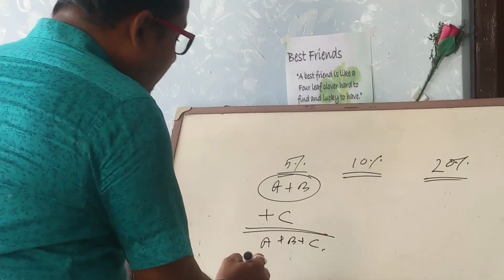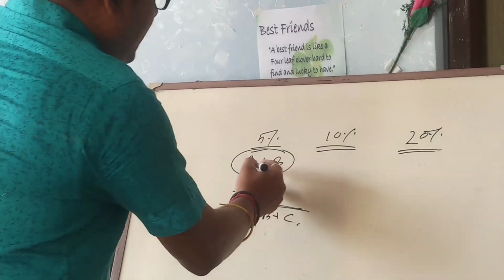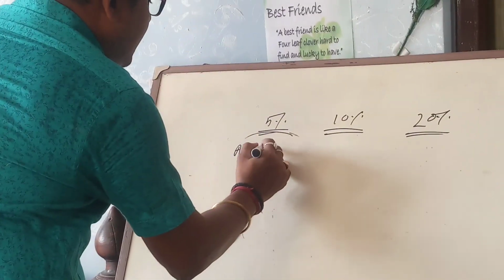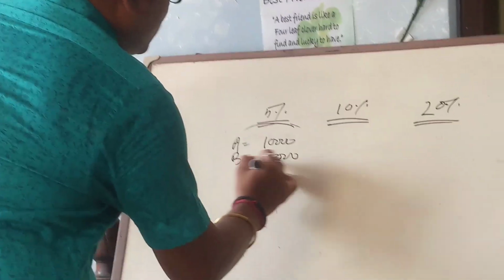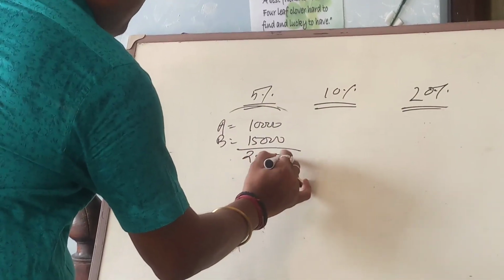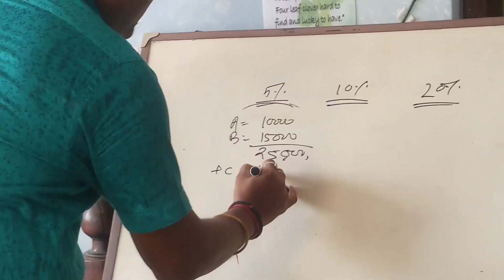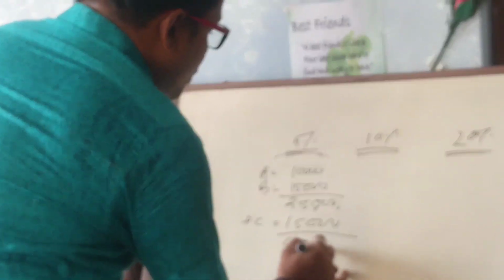I am just giving you some numerical figures. Say A and B were valued at A 10,000 and B 15,000, and the total block value was 25,000. Now C is purchased for another 15,000, so the block value is now 40,000.